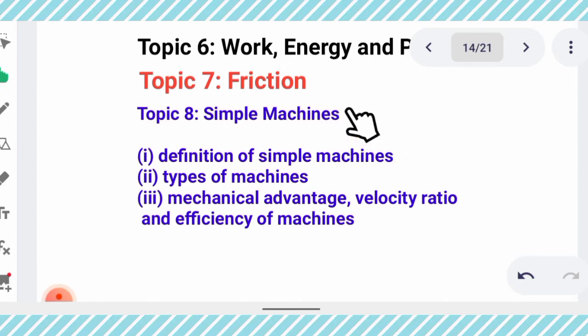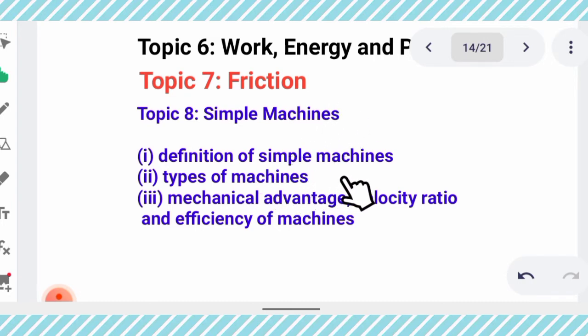So you just have to study them. They are very simple. For example, the formula for mechanical advantage is load over effort. The formula for velocity ratio is distance covered by effort over distance covered by load, and the formula for efficiency of a machine is load over effort times 1 over velocity ratio multiplied by 100%.